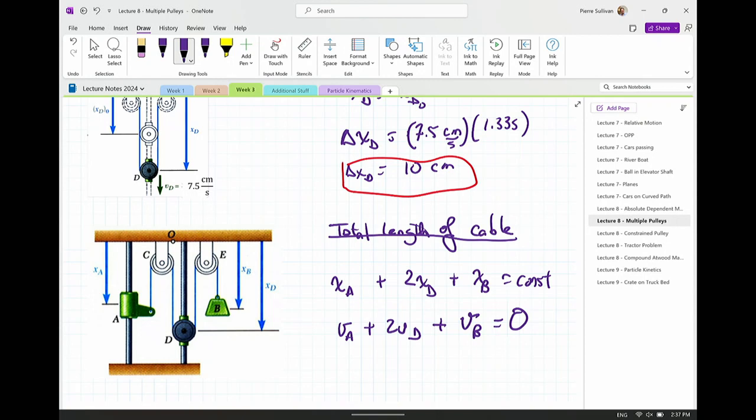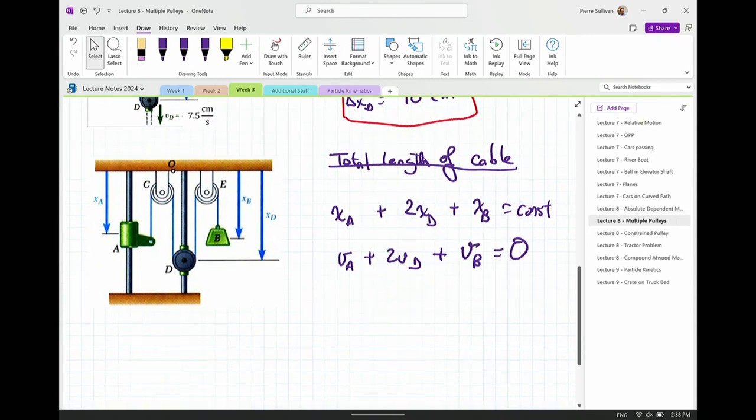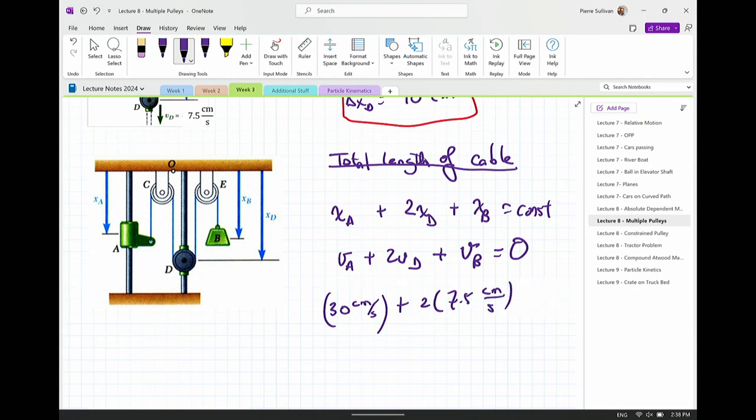And this is where it gets a little bit funny, because what's happening here is that I have an increasing length for A and I have an increasing length for D. 30 centimeters per second plus 2 times 7.5 centimeters per second plus V sub B is equal to 0.